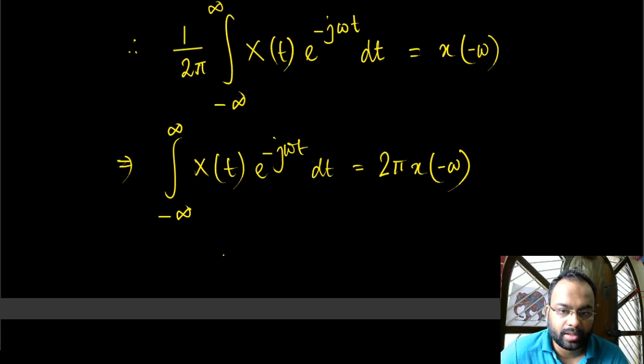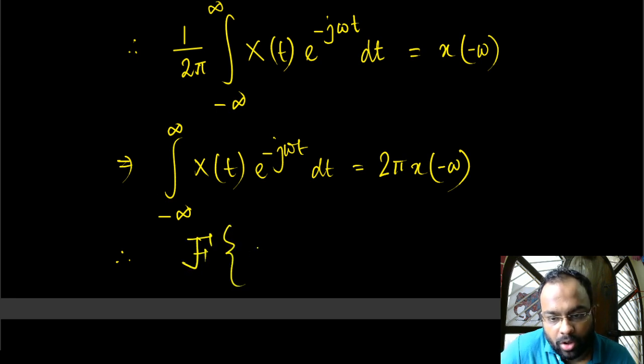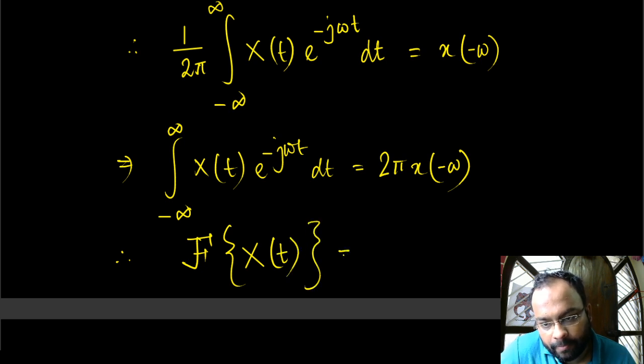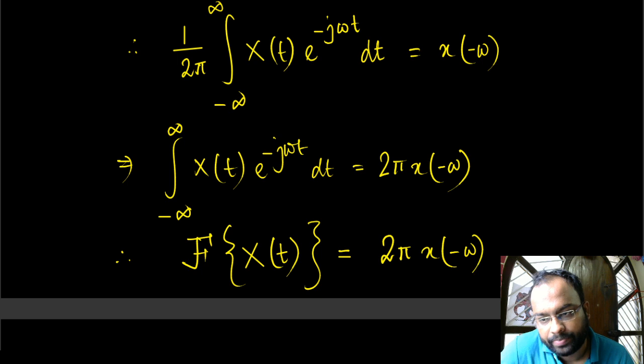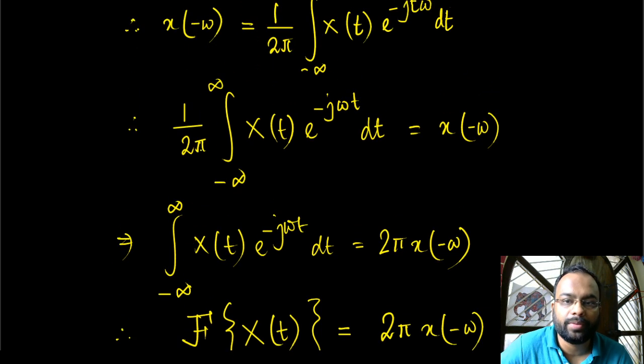But what is this? This is the Fourier transform of capital x of t, and this is equal to 2 pi x of minus omega.